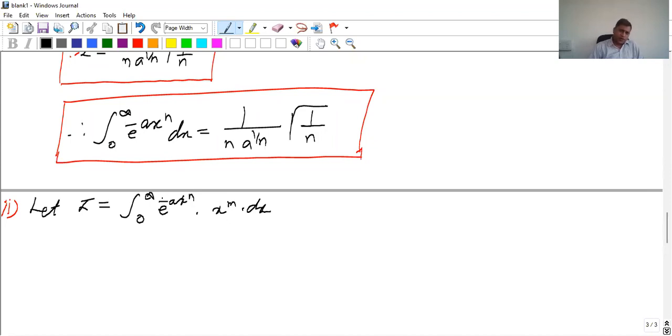Here again we use the same substitution, a x raised to n is equal to y.